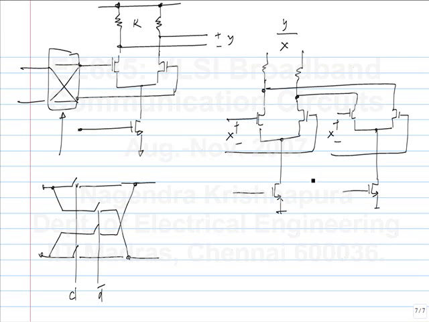Now, I make it such that if this is some I, this is some constant I naught minus I, and I itself varies from 0 to I naught. When I is 0, this part is cut off, this is active, you get the maximum negative gain. When I is I naught by 2, then both sides are active with a tail current of I naught by 2. So, you get a gain of 0. Okay. And when I equals I naught, this is on and this is off. So, you get the maximum positive gain. So, that's also possible.